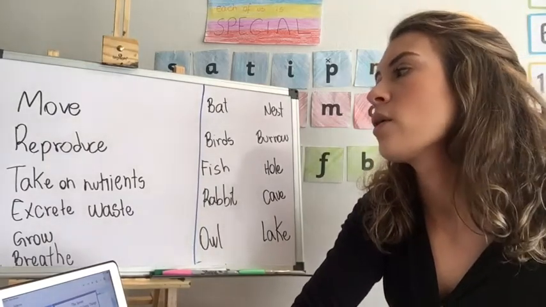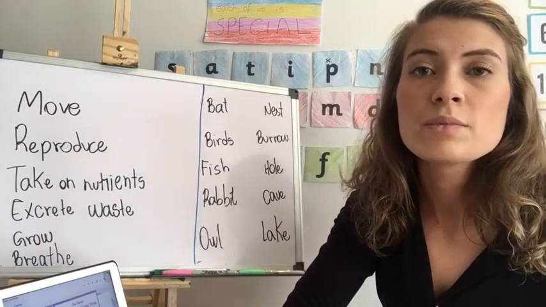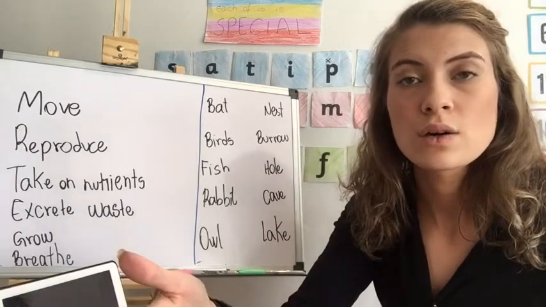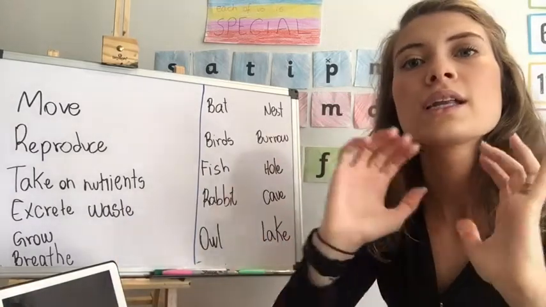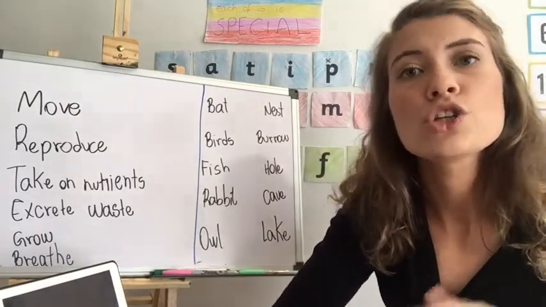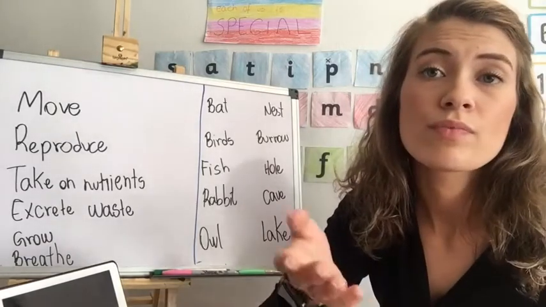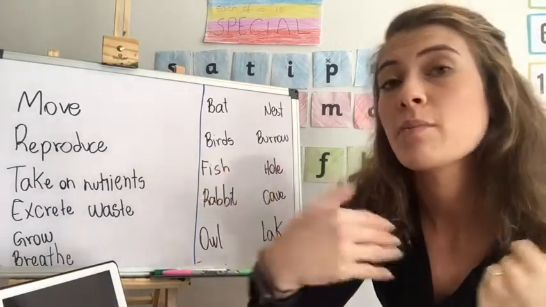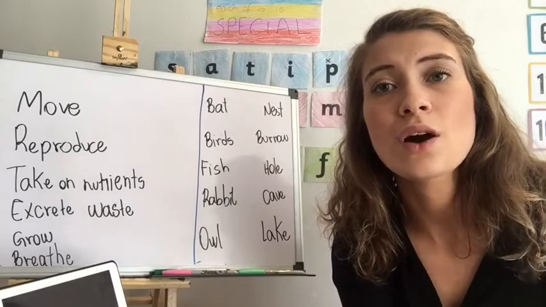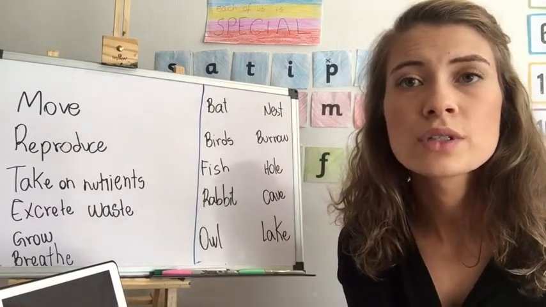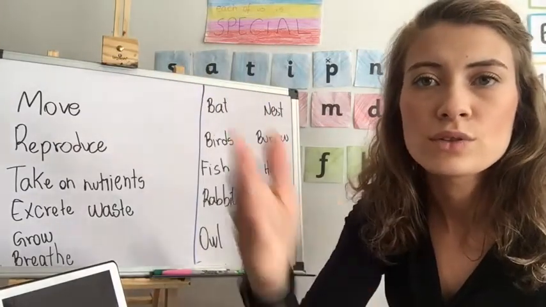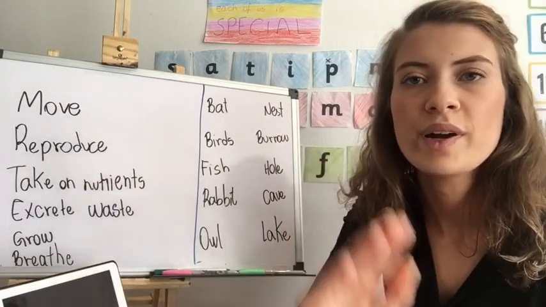Living things excrete waste as well. It means that we go to the bathroom and we excrete waste, what our body doesn't need anymore. Our body excretes this waste, what we are not using. And living things grow as well. If you think about it, you were just a baby some years ago, and now you are a child, and then you keep growing up, and then you're going to be an adult, and then an old person as well.